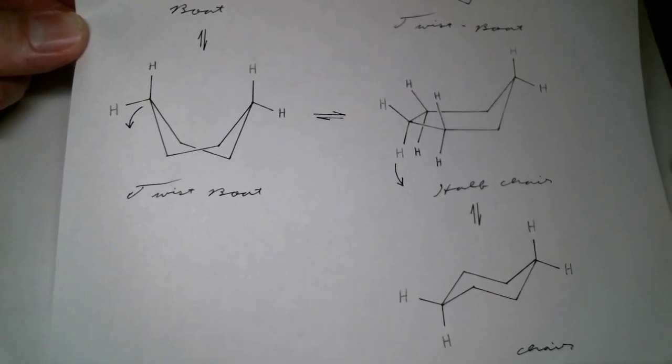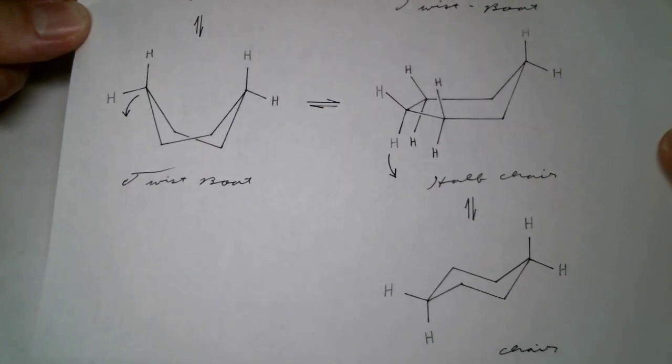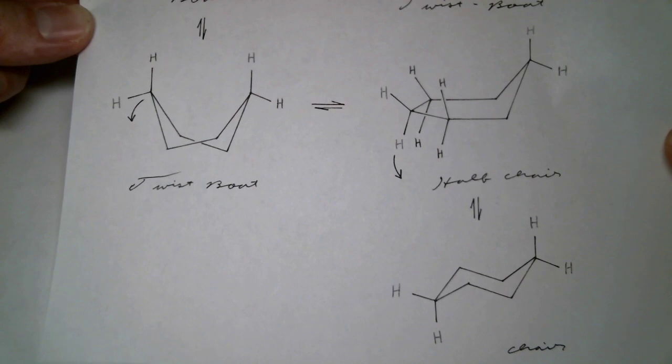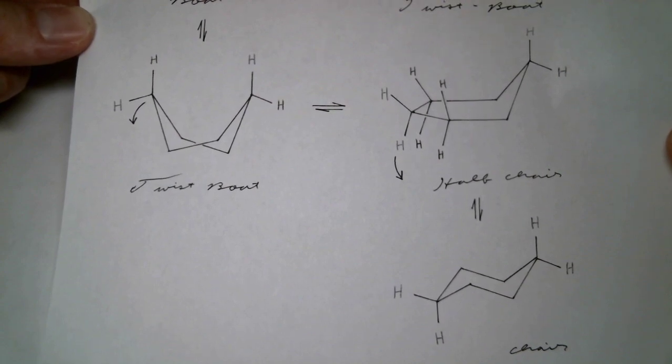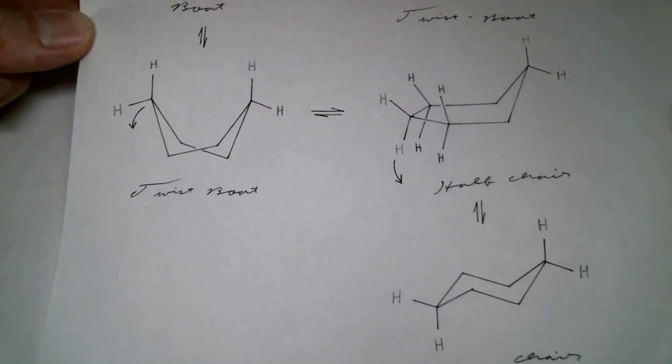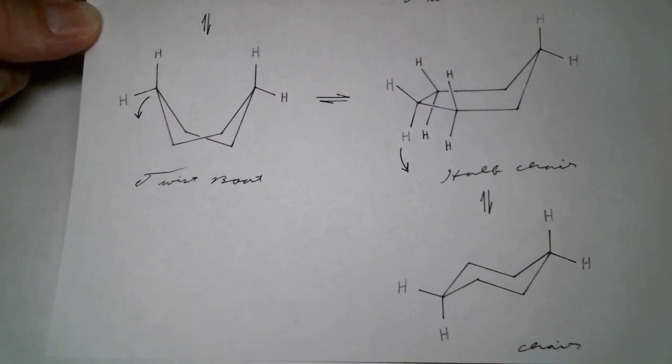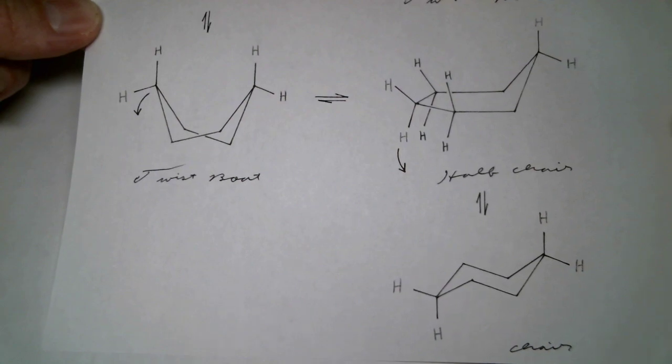Now, these different conformations have different energies. Of course, the chair conformations are our low energy points along this process. But let's go ahead and look at what those different conformations resemble in terms of their energies along the way.